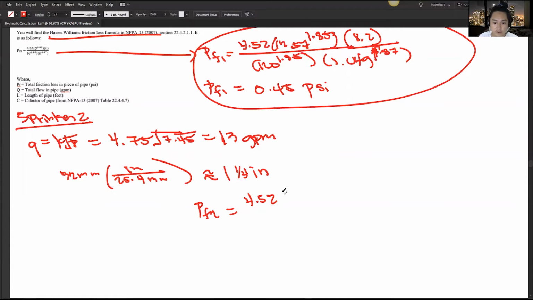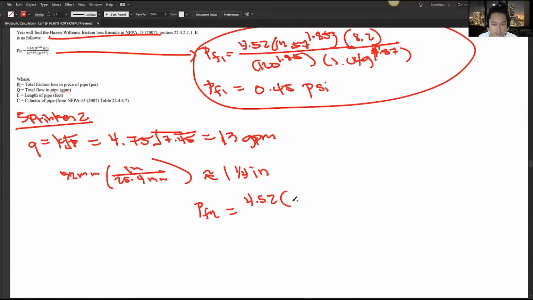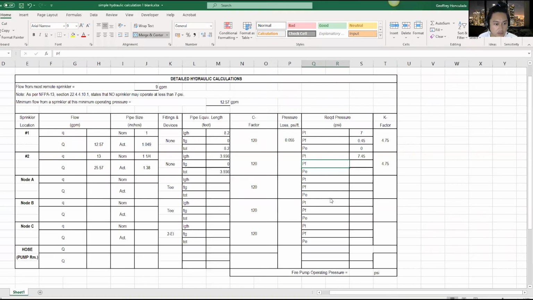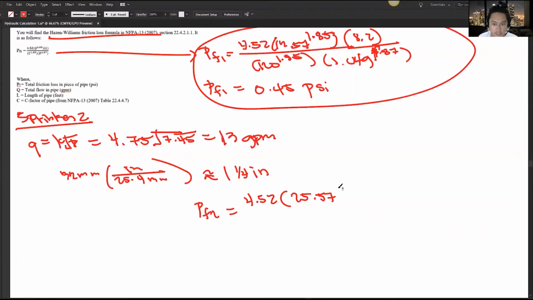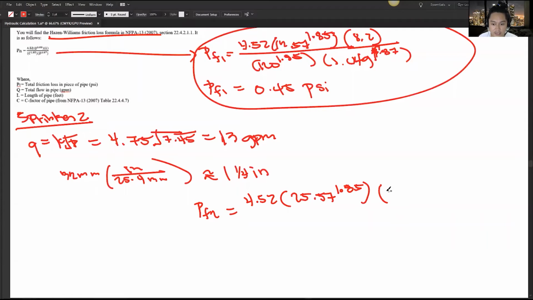We place the Q of sprinkler 2, 25.57, raised to the power of 1.85, times the total length, 3.936.